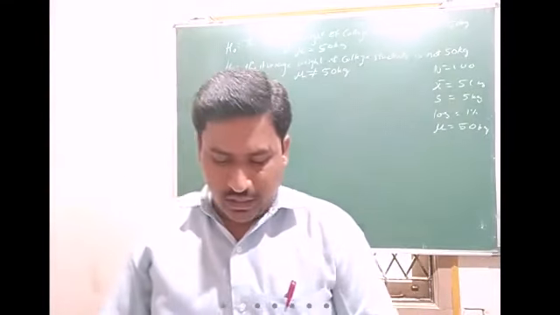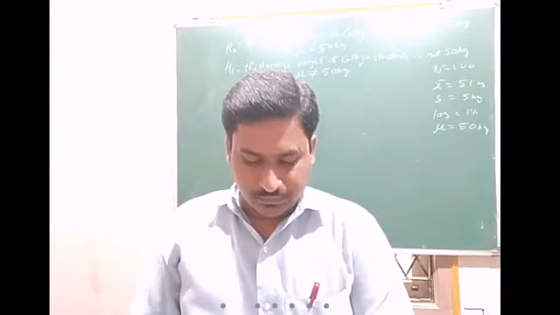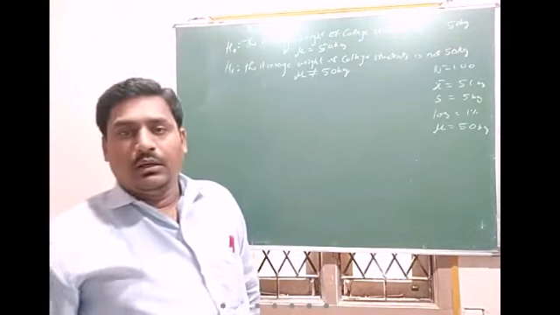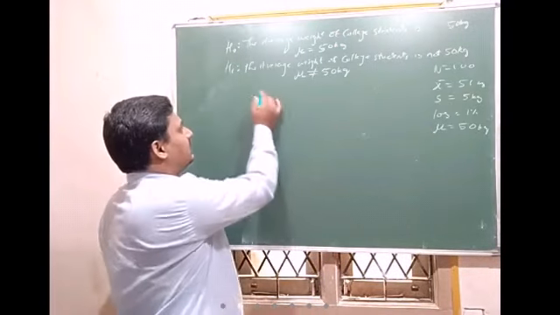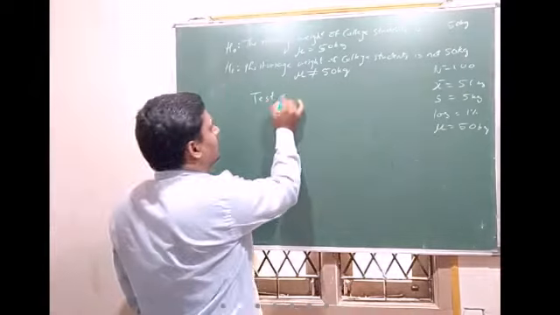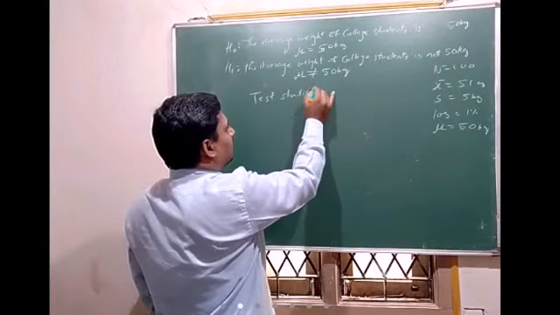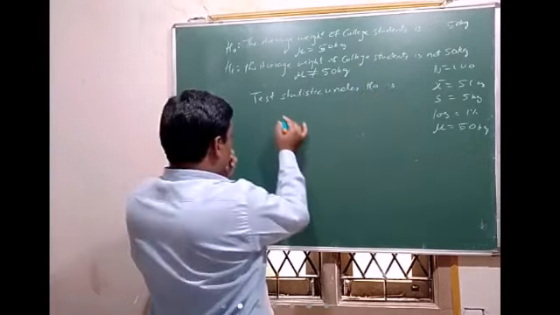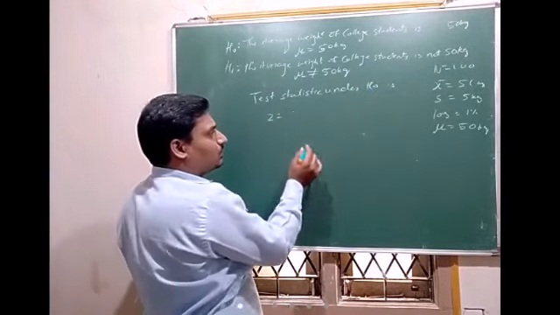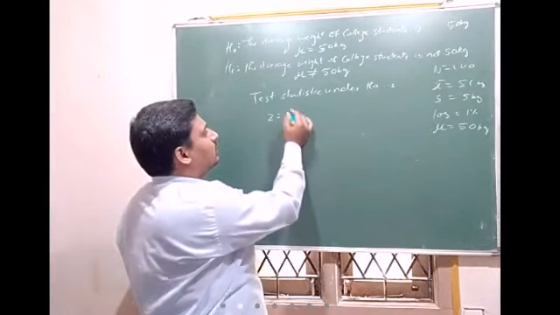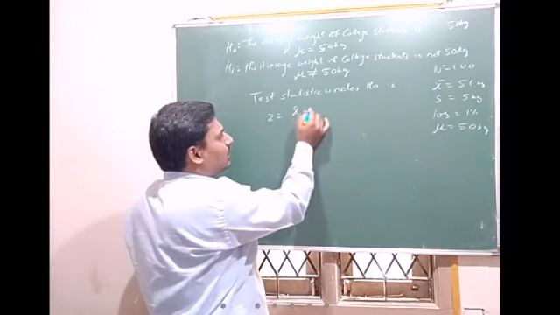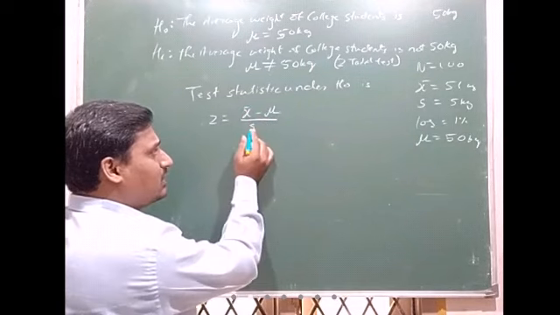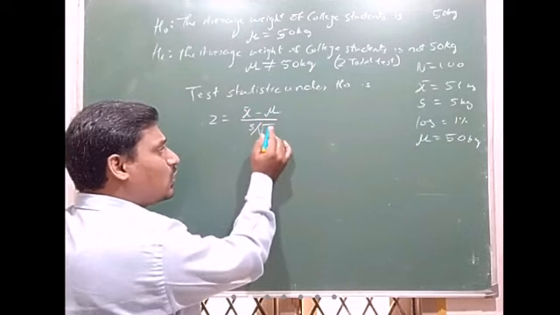Now let us calculate the formula for this problem. The test statistic under H naught is Z is equal to, so it is a Z test, Z is equal to x bar minus mu divided by, here the sample standard deviation is given, so S divided by root n.